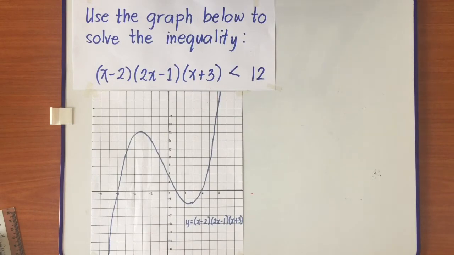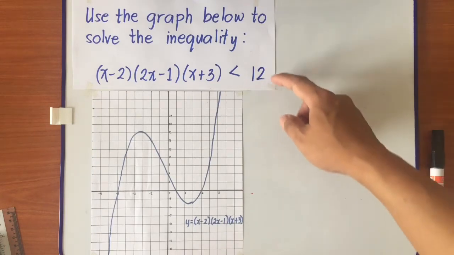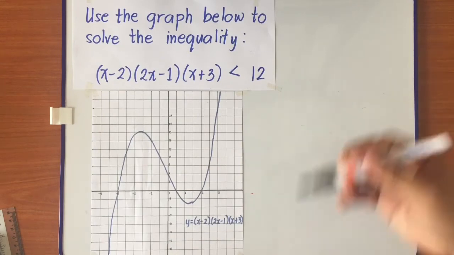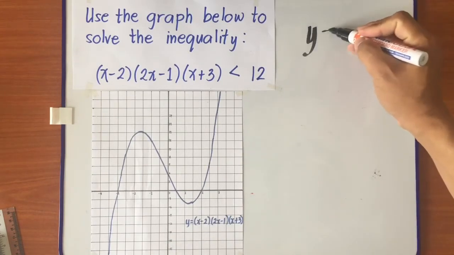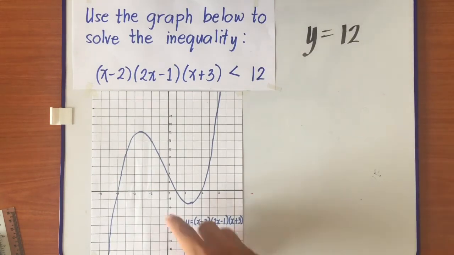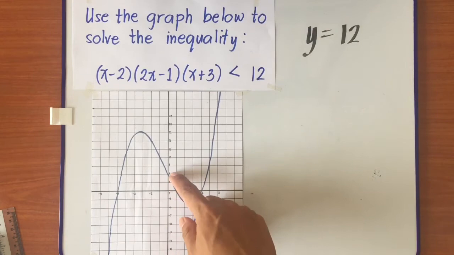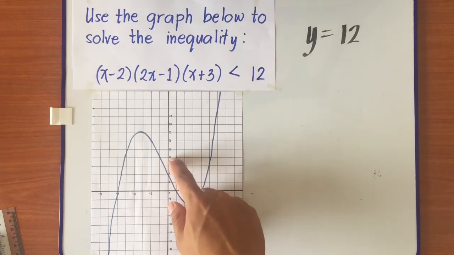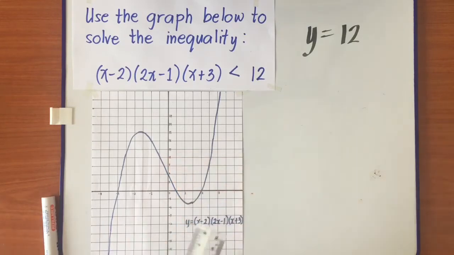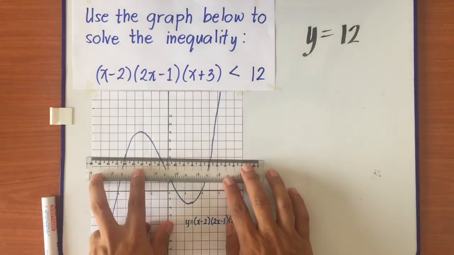So basically what we are going to do, just like a while ago, is say y is equal to the number on the right side of the inequality sign. So I am just going to draw y is equal to 12. And where is y is equal to 12? This is divided into 3, 6, 9, 12. So 12 is over here. So I'm just going to draw y is equal to 12 on that part.